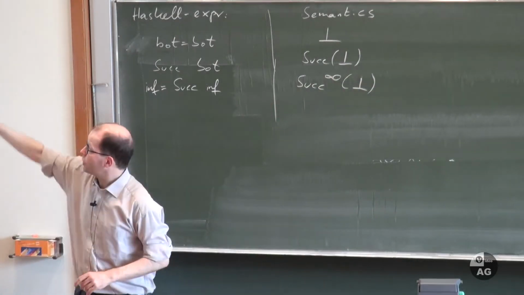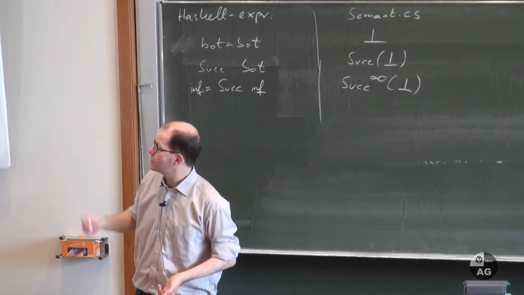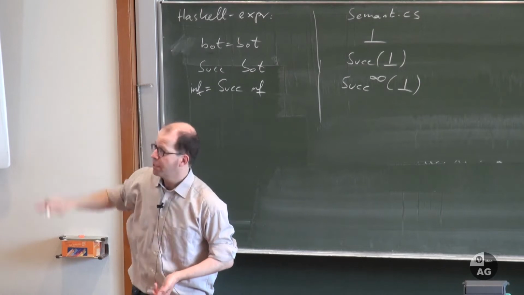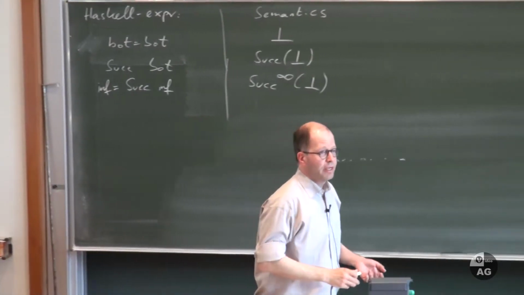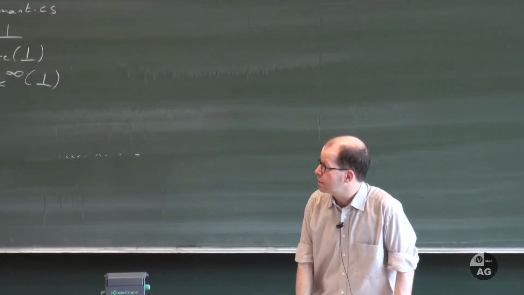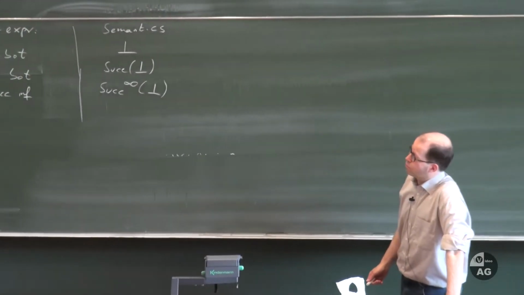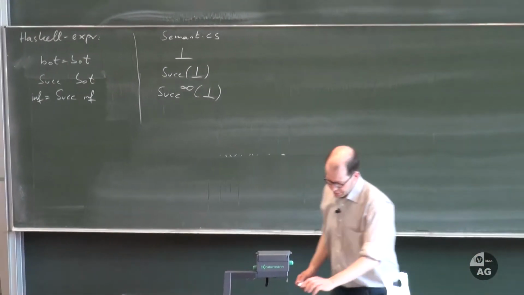So indeed, for each element from D nuts, there is a Haskell expression which has this element as its semantics. So we really need all of these elements in order to define the denotational semantics of Haskell expressions of this data type. Now, what happens if we have polymorphic types? So let's look at lists.